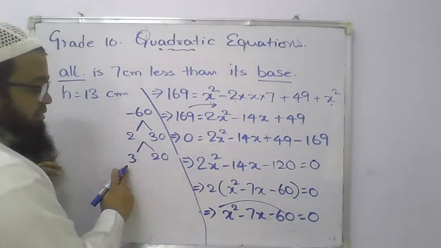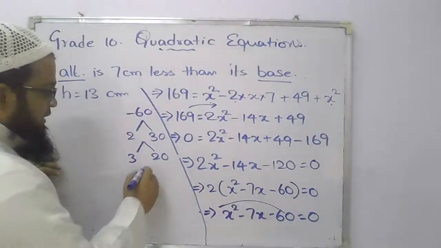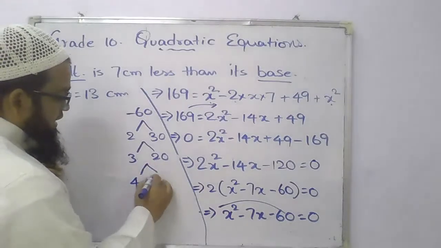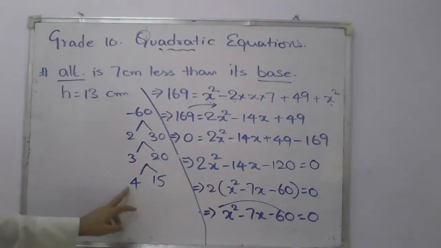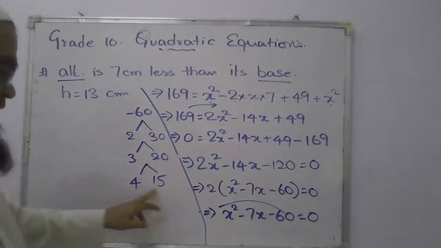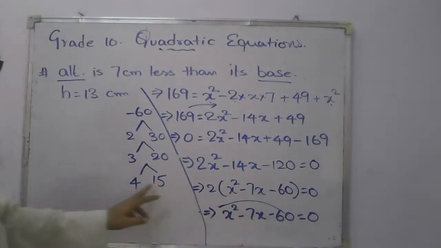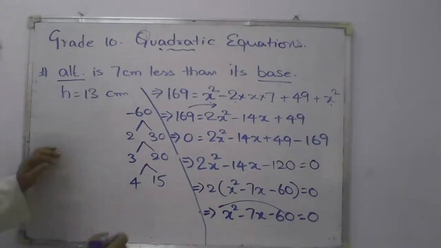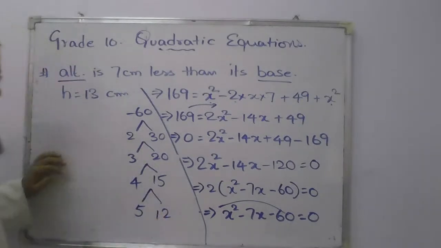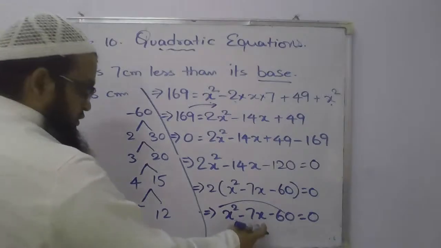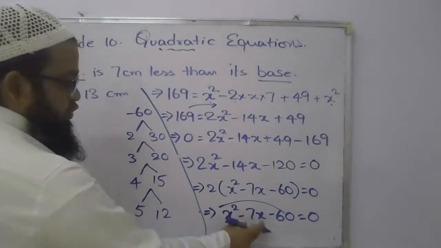If you subtract 20 minus 3, 17, it is not 7. So now go to 4 times 15. 15 plus 4 is 19, no. 15 minus 4 is 11, it is also not. So then 5 12s. If you add 12 plus 5, 17, no. But if you subtract, you have 7.